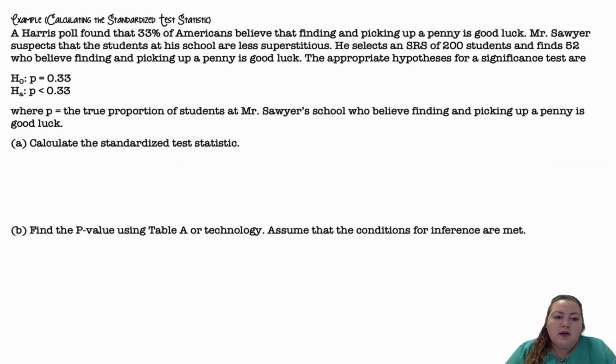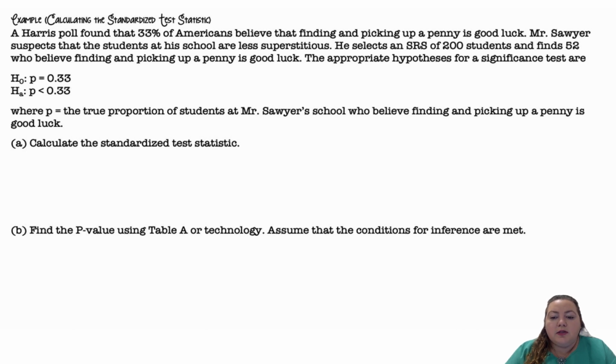All right, calculating the standardized test statistic. A Harris poll found that 33% of Americans believe that finding and picking up a penny is good luck. Mr. Sawyer suspects that the students at his school are less superstitious. He selects a simple random sample of 200 students and finds 52 who believe finding and picking up a penny is good luck.